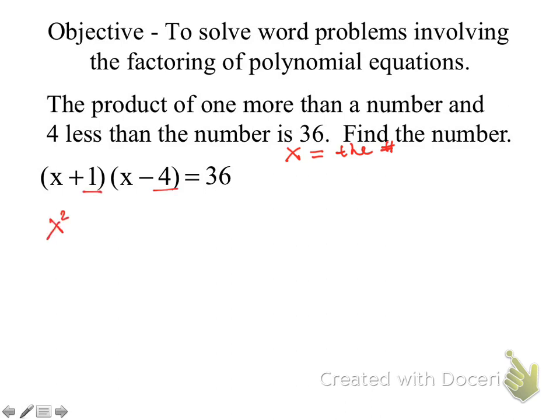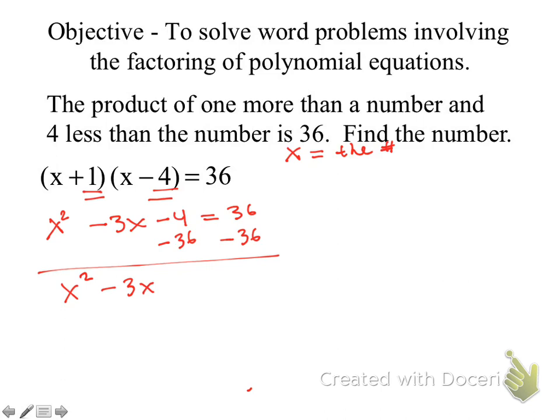Add these two numbers: negative 3X. It's the coefficient of the linear term. Multiply those two: negative 4. It's the last term. Equals 36. What do we do now? Subtract 36, set it equal to 0. Now we have X squared minus 3X minus 40 equals 0.